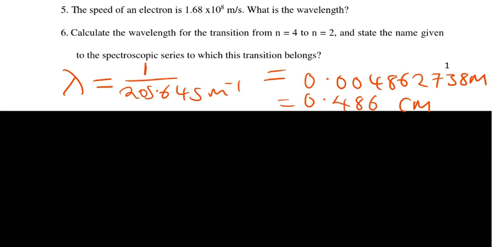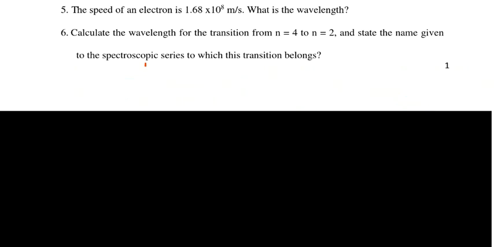And then we can move to the second part of the question, which says state the name given to the spectroscopic series to which this transition belongs. So whenever you are having a transition to the second energy level, we call it the Balmer series.